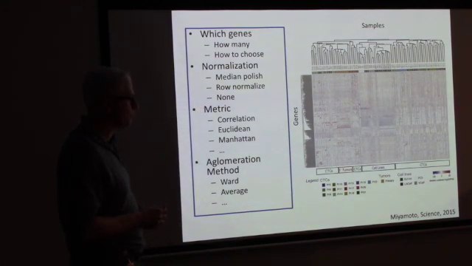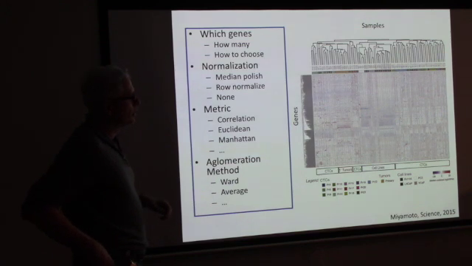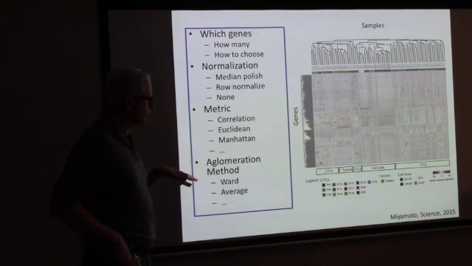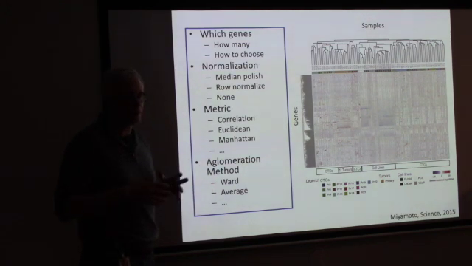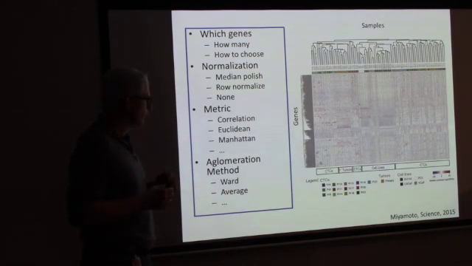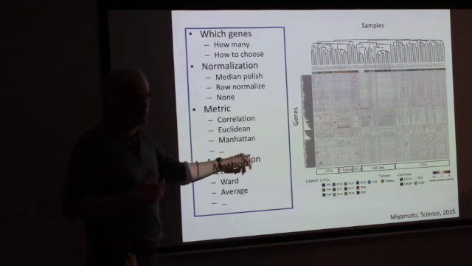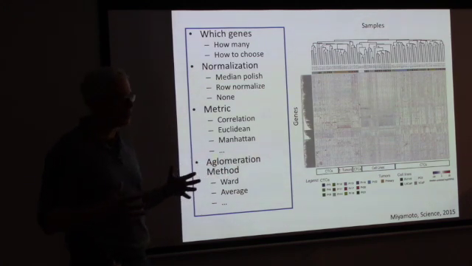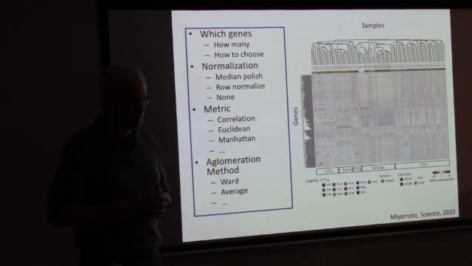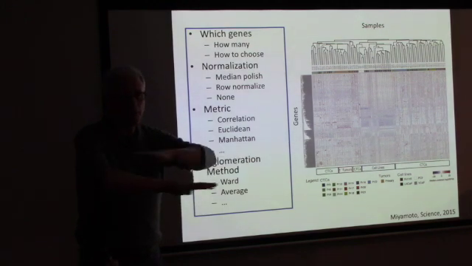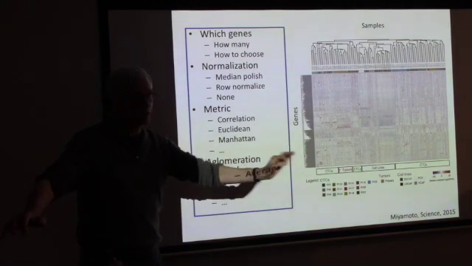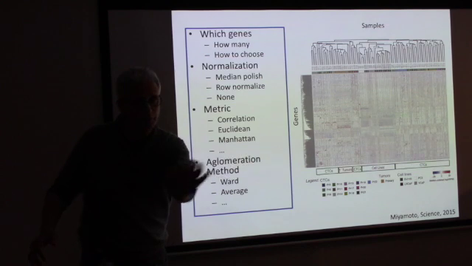And then there are various methods of hierarchical clustering. The only one that I've ever had any experience with is called agglomeration. The notion of agglomeration is that you start off with everything as a singleton cluster. Every single sample is a cluster.